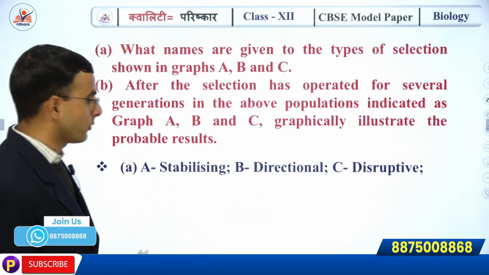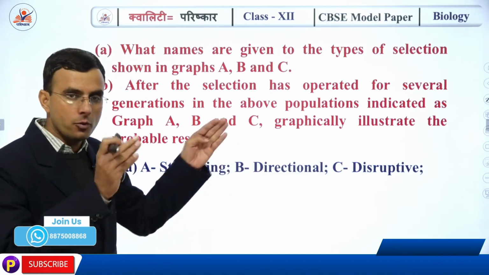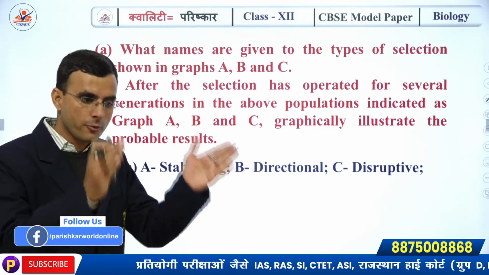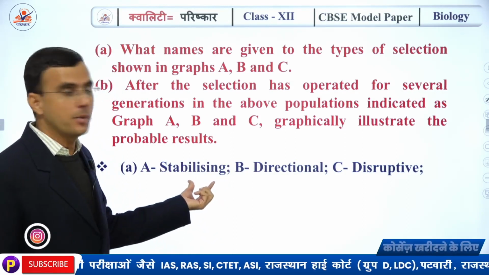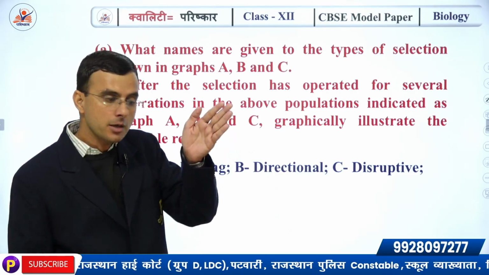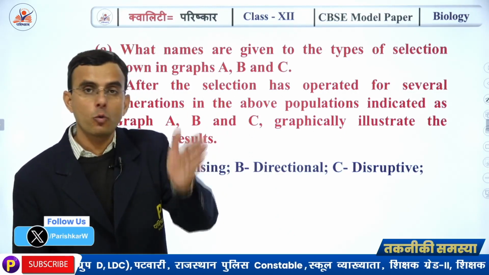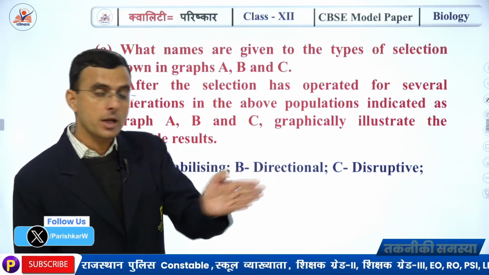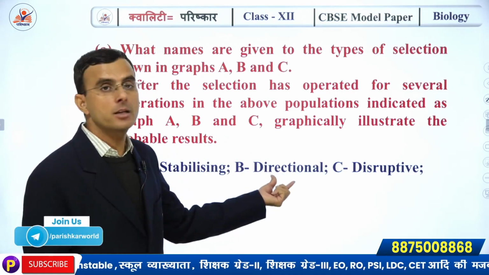So look at this one. If we are not selecting from both sides, that is stabilizing. If we are not selecting the species from one direction, and the rest of the species are selected, that is directional.